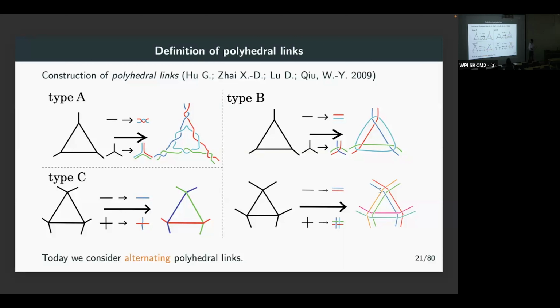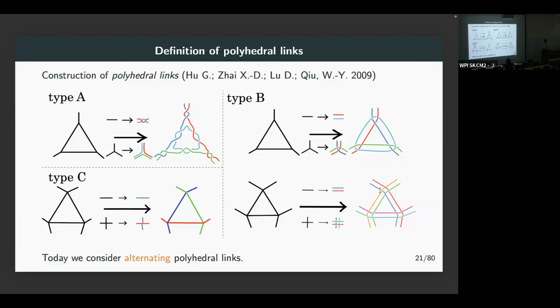And for type C, we just consider some special polyhedra in which each vertex has degree 4. That means that there are 4 edges connected to a vertex. Then you can do this type of change, and you have a link that is called a type C polyhedral link.